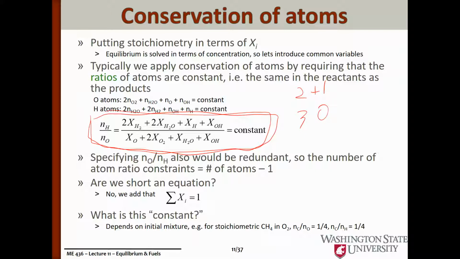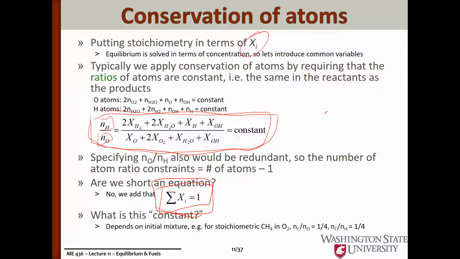The problem is that reduces the constraints by 1, because here I had 2 constants. Now there's just 1. So what is the makeup equation? The makeup equation is that since everything is now on a mole fraction basis, xi, we know that all of the mole fractions should add up to 1. So that is the final equation. So anytime you have converted the number of moles of each species into these ratios, you lose one equation, and the makeup equation is that the sum of the mole fractions is always equal to 1.